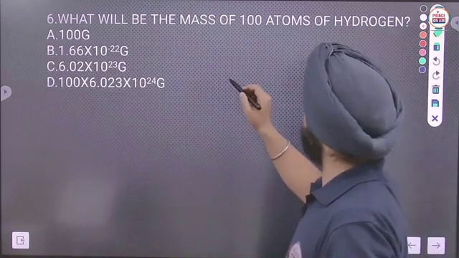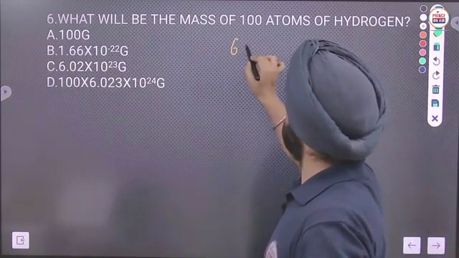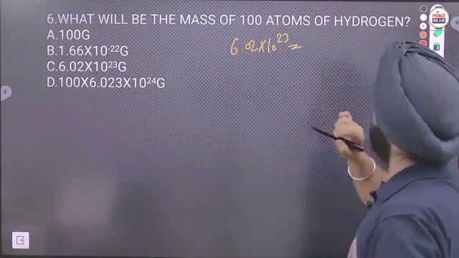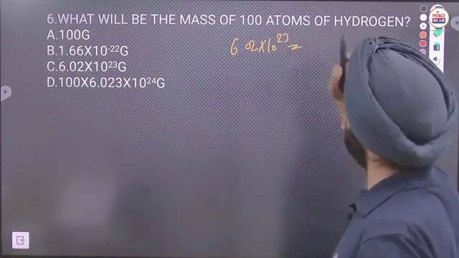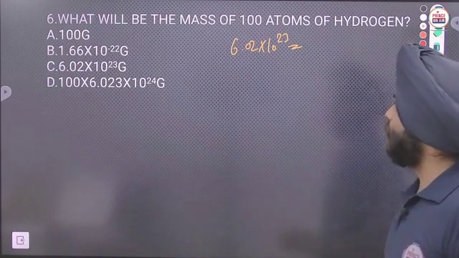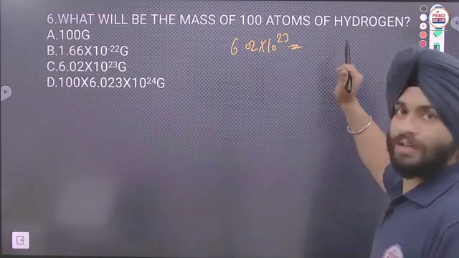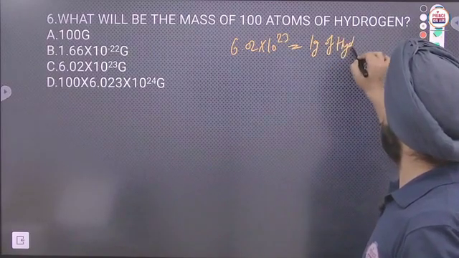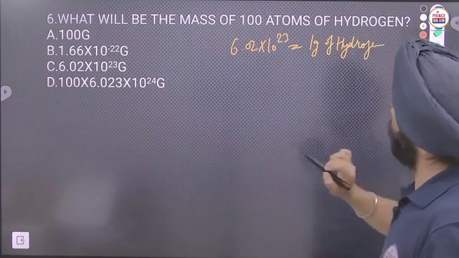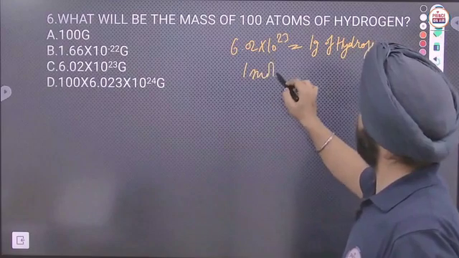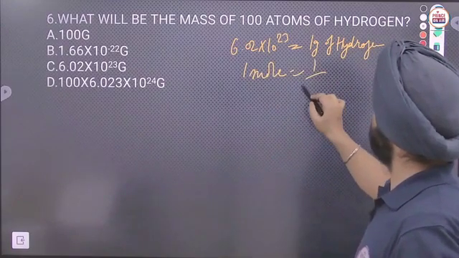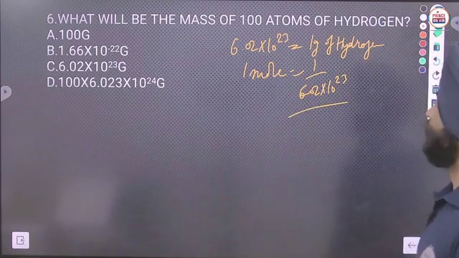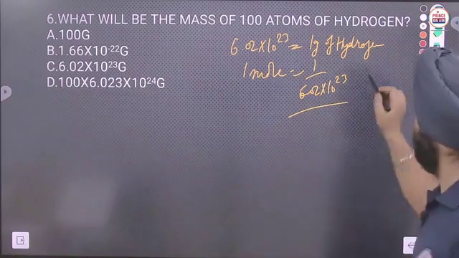How can we calculate the mass of one atom? 6.02 into 10 raised power 23 atoms are contained in 1 gram of hydrogen atoms. So the mass of one atom comes out to be 1 upon 6.02 into 10 raised power 23 gram.